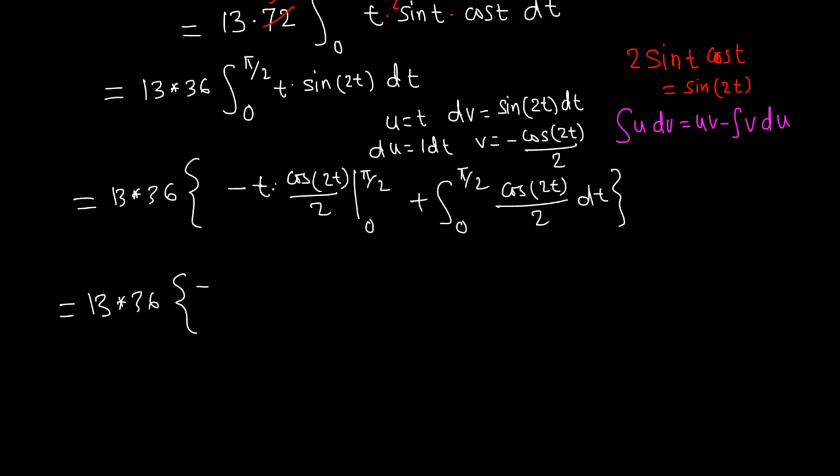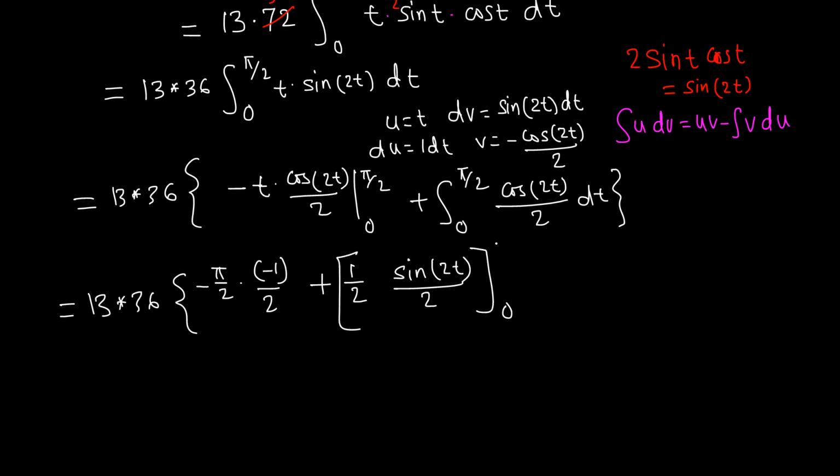This is negative t, pi over 2, times cosine of 2 times pi over 2. 2 times pi over 2 is just pi, cosine pi is negative 1, and this 2, and nothing from the lower limit, plus the antiderivative of this is 1/2, by the way, we can pull the half outside. The antiderivative of cosine is sine 2t, and there is a 2 that we need to divide by, evaluated from 0 to pi over 2.